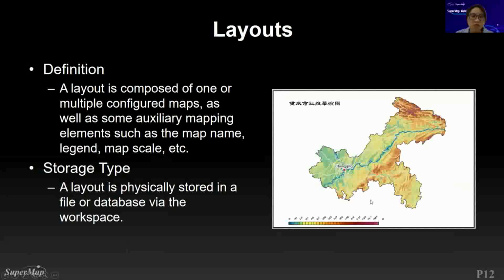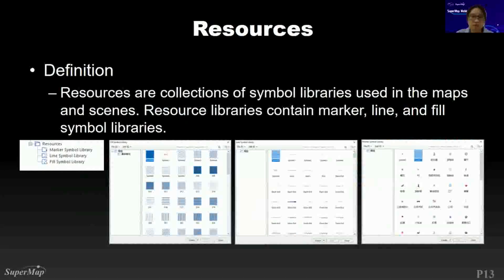The layout is composed of one or multiple configured maps, as well as some auxiliary mapping elements such as the map name and the map scale, like this. A layout is physically stored in a file or database via the workspace. Then the next is resources.